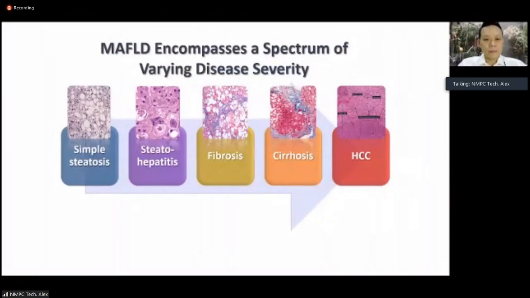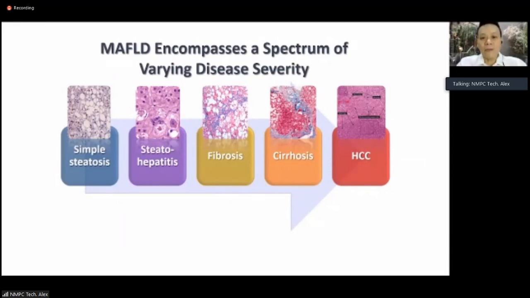Now, it used to be that when you think about fatty liver disease, we used to think that it's a very innocuous disease. People won't die of fatty liver disease; they'll probably die of something else.